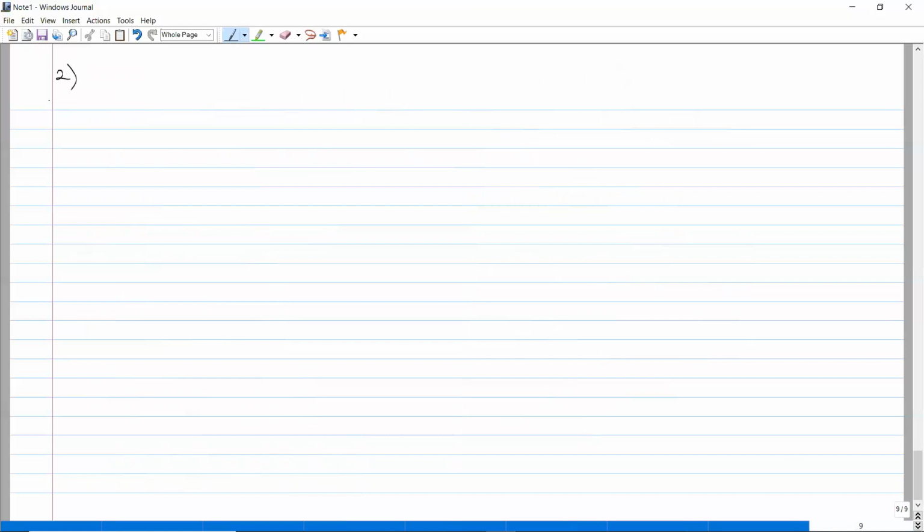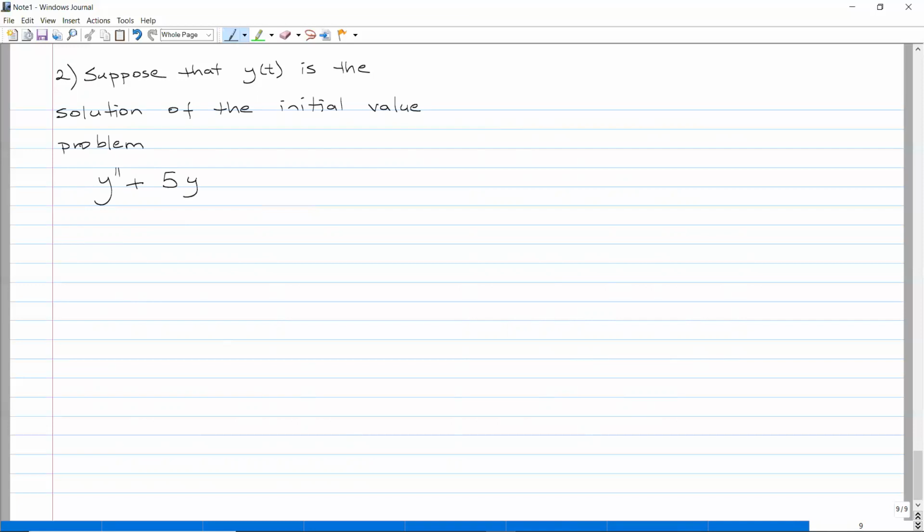Let me do another example. Suppose that y of t is the solution of the initial value problem y double prime plus 5 times y prime plus 4 times y equals g of t, some function g, which is not given, with initial conditions y of 0 and y prime of 0 equal to 0.